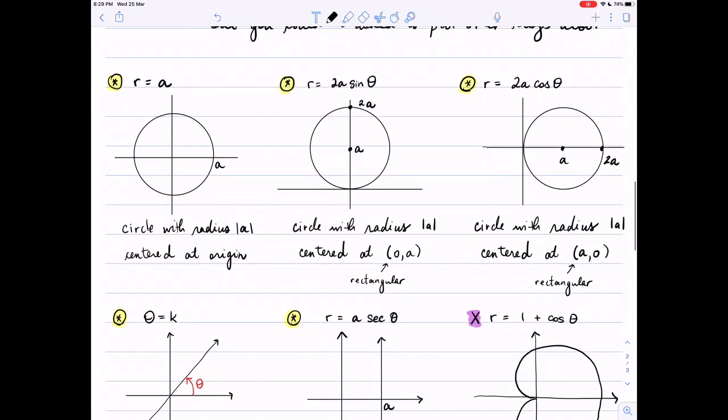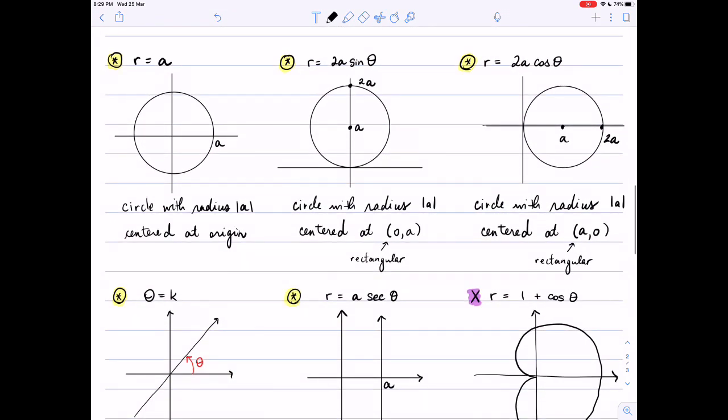The first is probably the simplest kind of graph. R is a constant. In rectangular coordinates, this circle would have x squared plus y squared equal to a squared. So here r is equal to a.